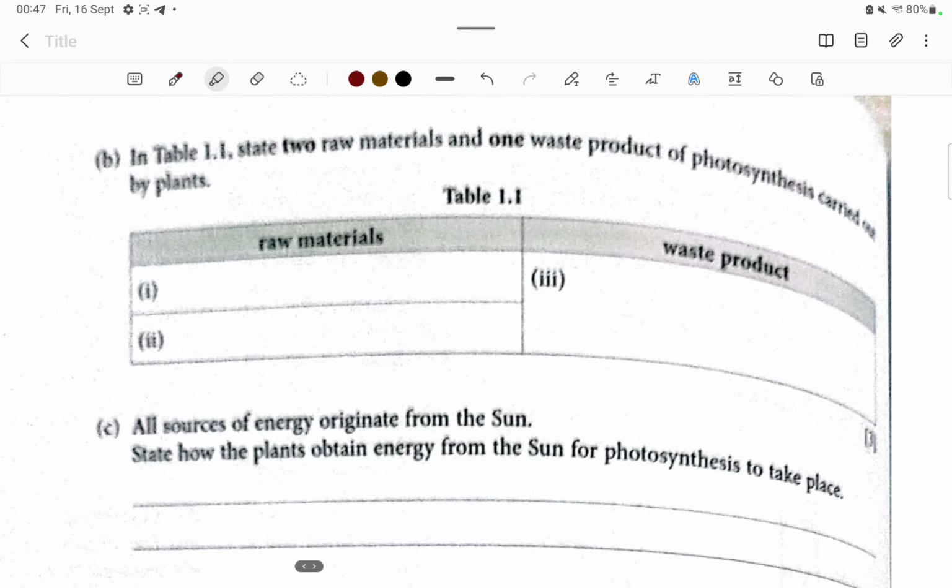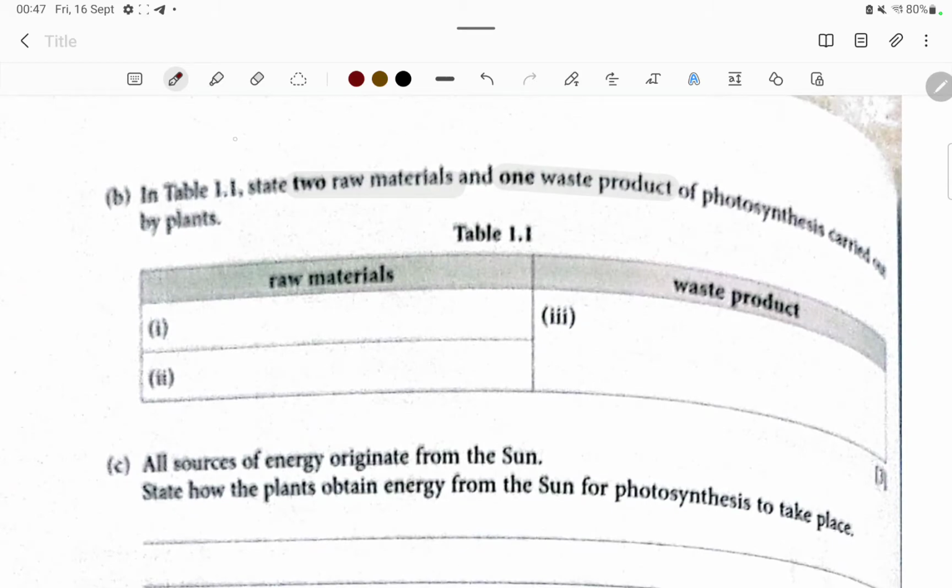In table 1.1, state 2 raw materials and 1 waste product. So from the equation we already know, carbon dioxide plus water and then form glucose plus oxygen. This one is the main product of photosynthesis. Then oxygen becomes the waste.